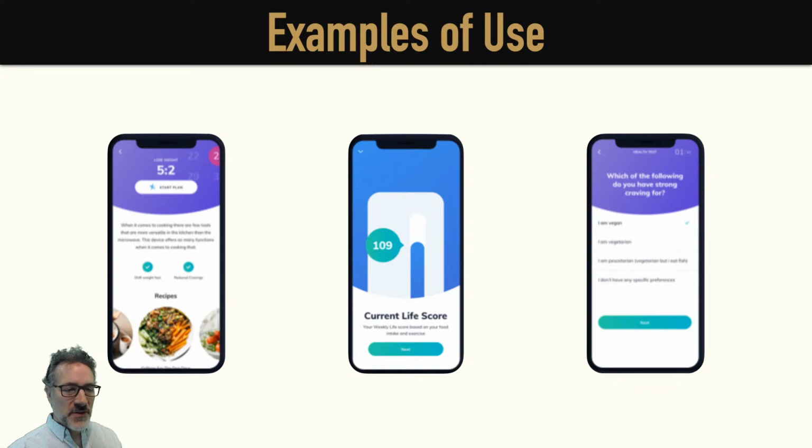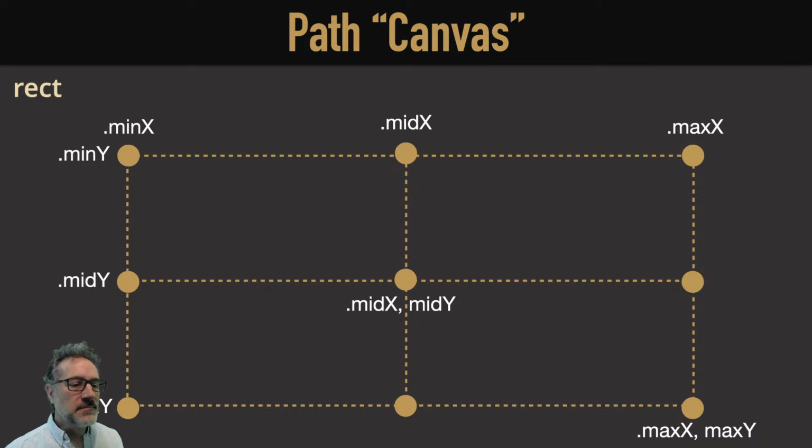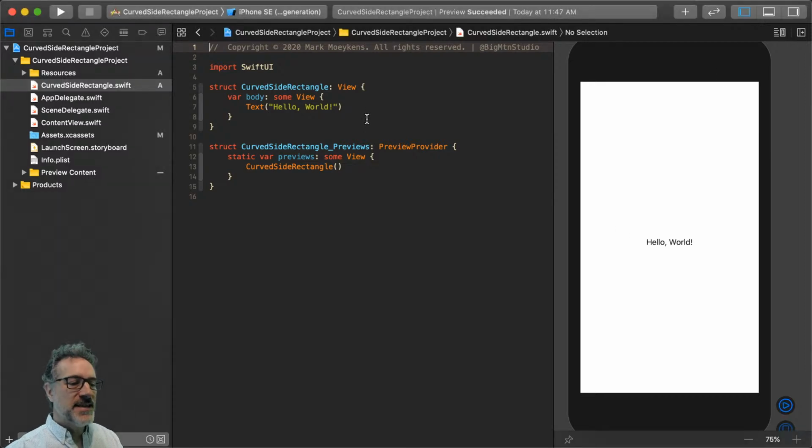And that's what we're going to build. We're going to build a shape like this where one side of it's curved, and then you can use it as a header, or you can also use it as a footer as well. So it's pretty simple. Now let's talk about how we're going to do this. Actually, before I show you this slide, let's go into our project and let's actually start to build the shape.